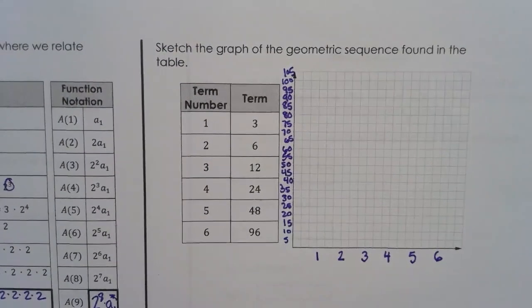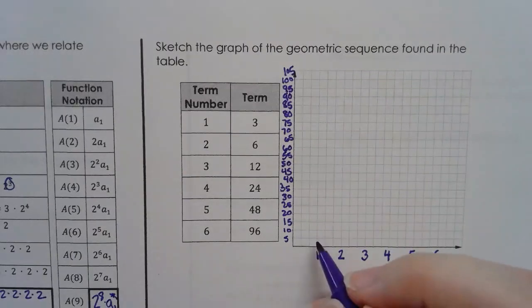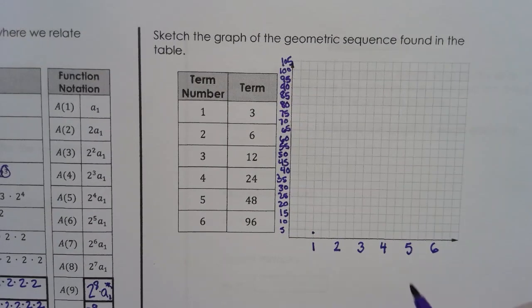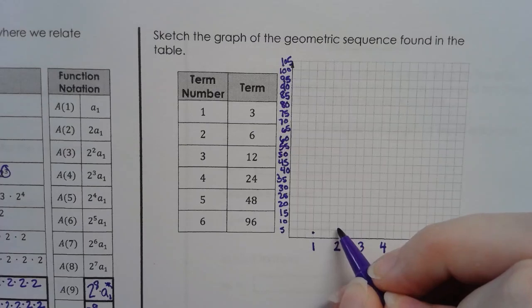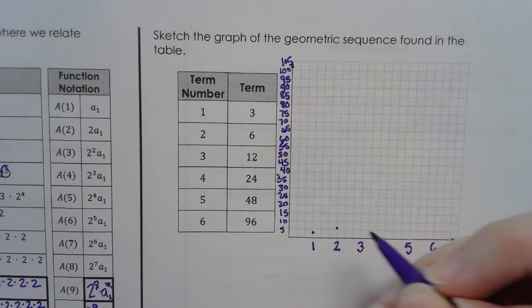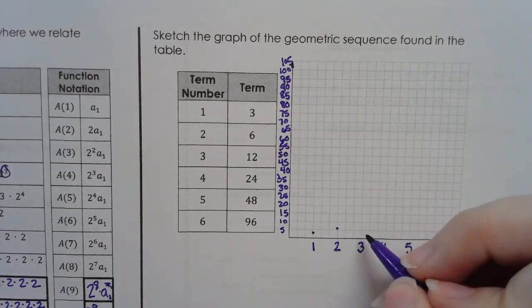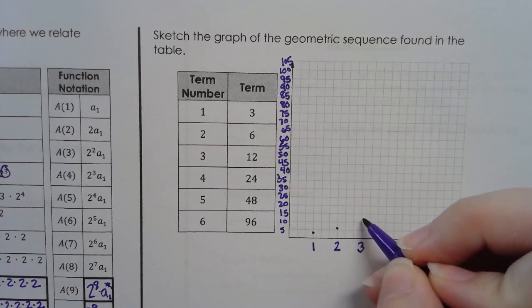like the point 1, 3. I'm going to say it's about there. It's a little less than 5, but a little more than halfway. So there's 1, 3. 2, 6 is going to be a little bit more than 5, just a tiny bit more. 3, 12 is going to fall between 10 and 15.